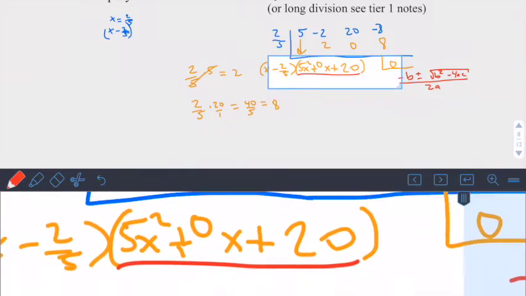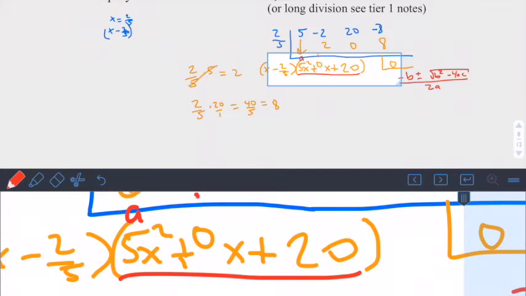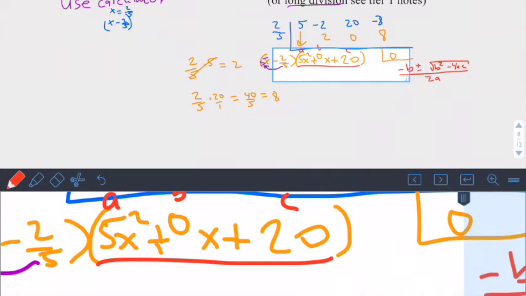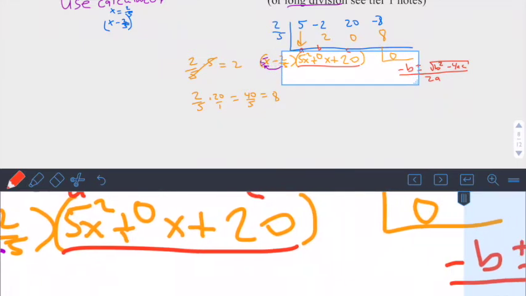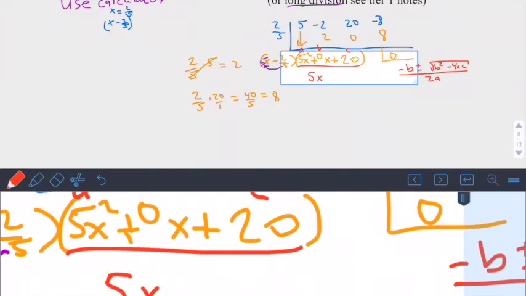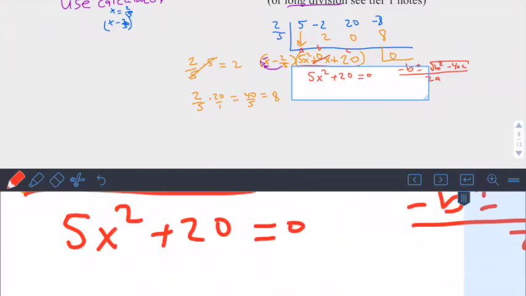So my a is 5, my b is 0, and my c is 20. So I could do the quadratic formula, but this one's actually going to be a little easier than that.